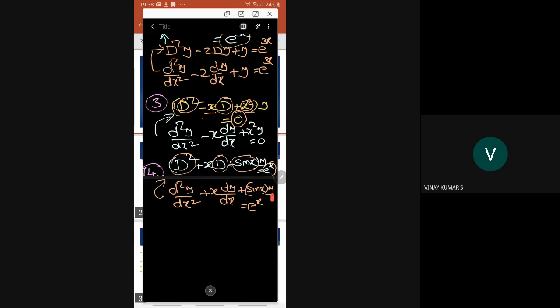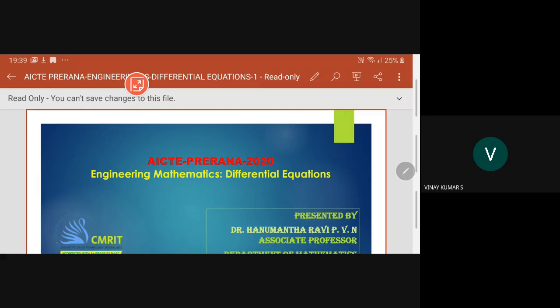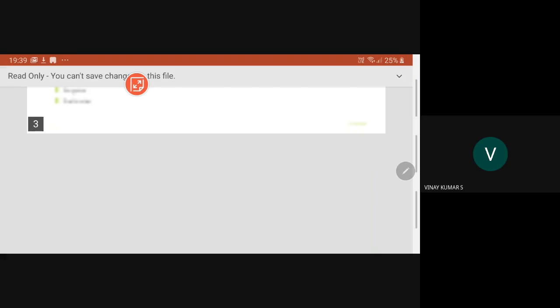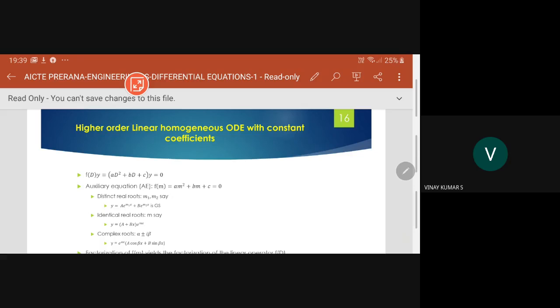Fine. Now see, if you look at this slide with constant quotients, it is a homogeneous part.